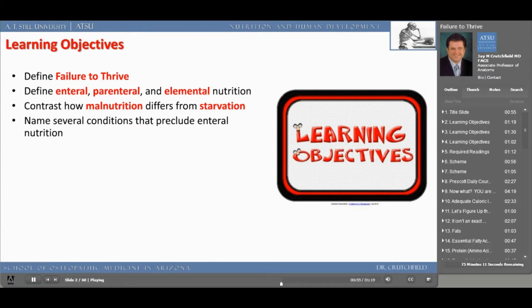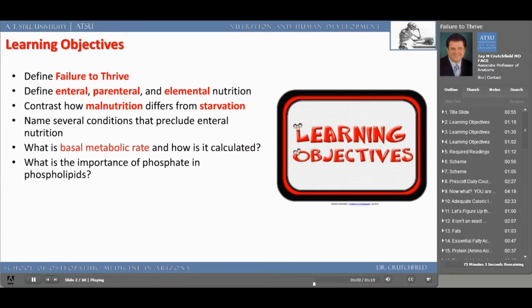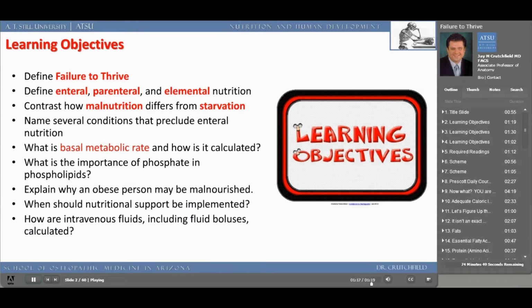What is the basal metabolic rate or the resting metabolic rate, and how is it calculated? What's the importance of phosphate in phospholipids? And explain why a person who's obese can actually be malnourished, or a person that's obese can actually be starving, and vice versa.